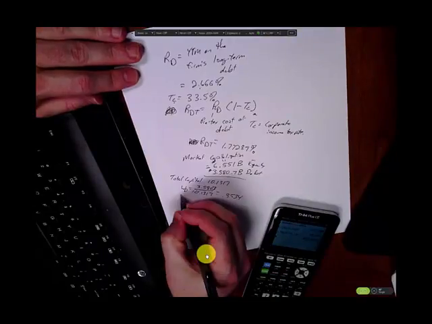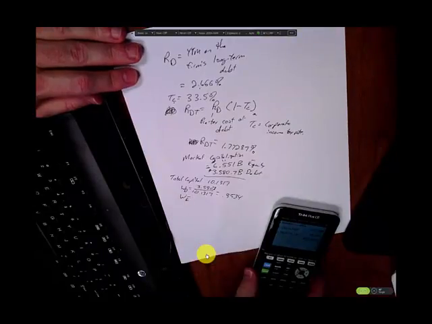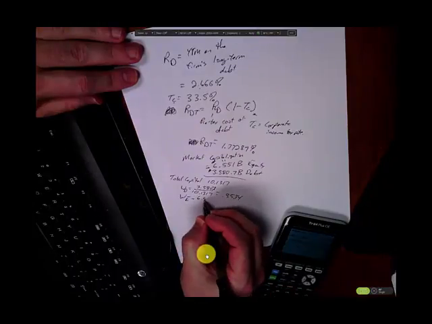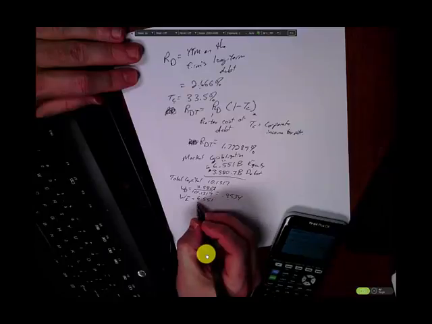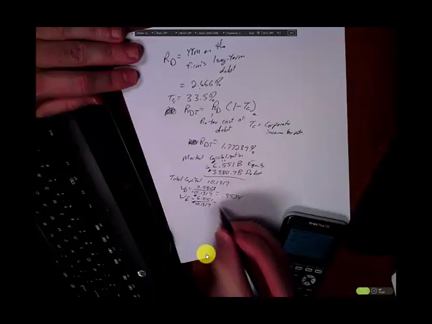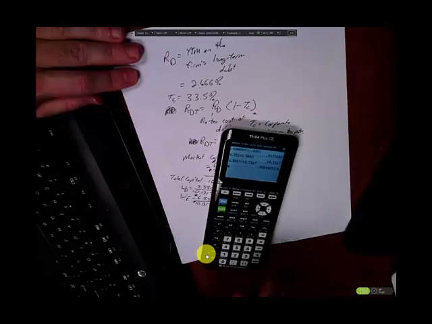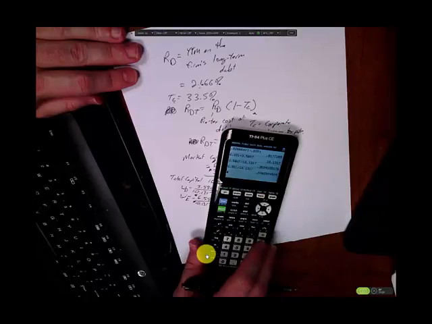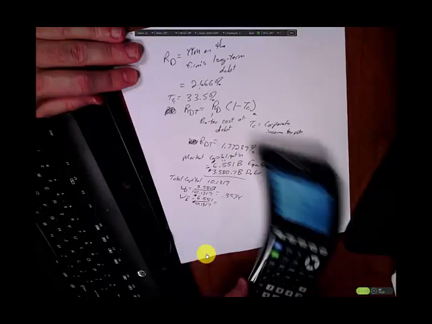And my weight of equity is equal to the 6.551 divided by the 10.1317. So the market value of equity divided by the total capital. So I take 6.551 divided by 10.1317, gives me an answer of 0.6466.